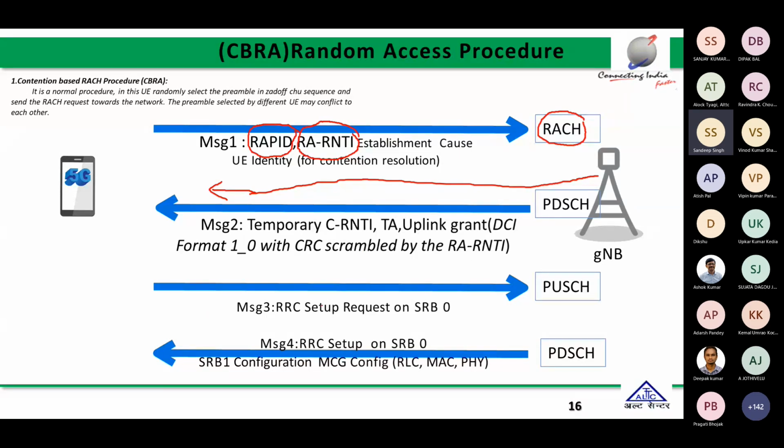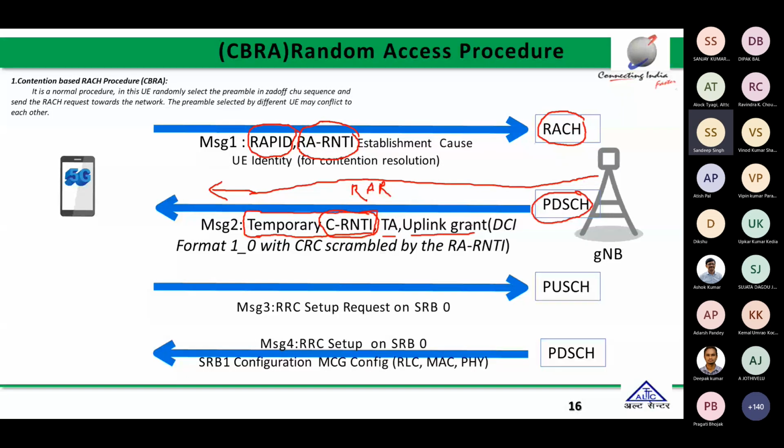This message 2 is known as the random access response, RAR, in which there is a temporary C-RNTI. This is the radio network identity used for the connection in the signaling process. First is the temporary C-RNTI. After the contention resolution, they give just a C-RNTI, not a temporary C-RNTI. The RAR also carries timing advance and the uplink grant. This RAR message is sent on the PDSCH, the physical downlink shared channel, in the downlink direction.